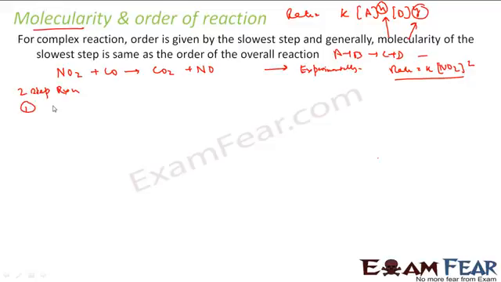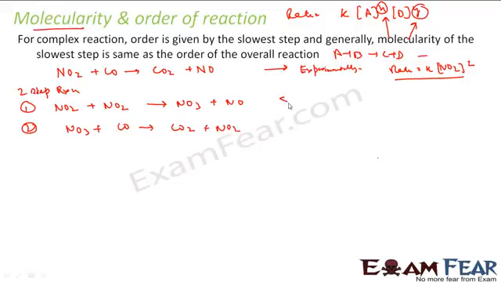In the first step, NO2 will react with another NO2 to form NO3 and NO. In the second step, the NO3 that is formed will react with carbon monoxide to form carbon dioxide and NO2.